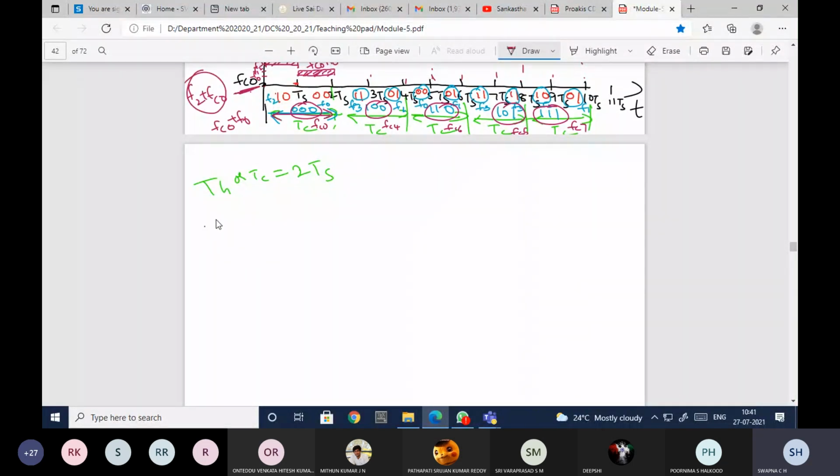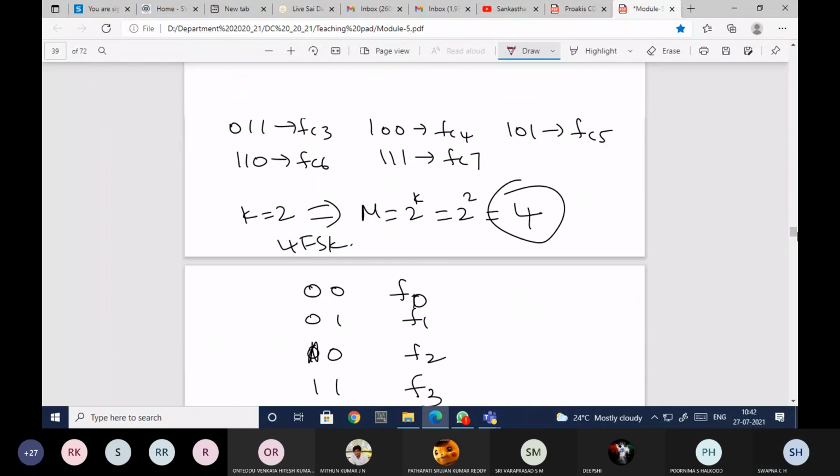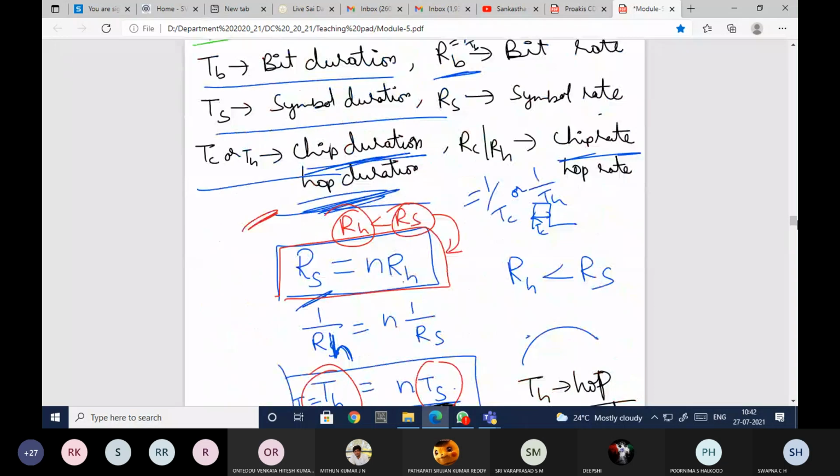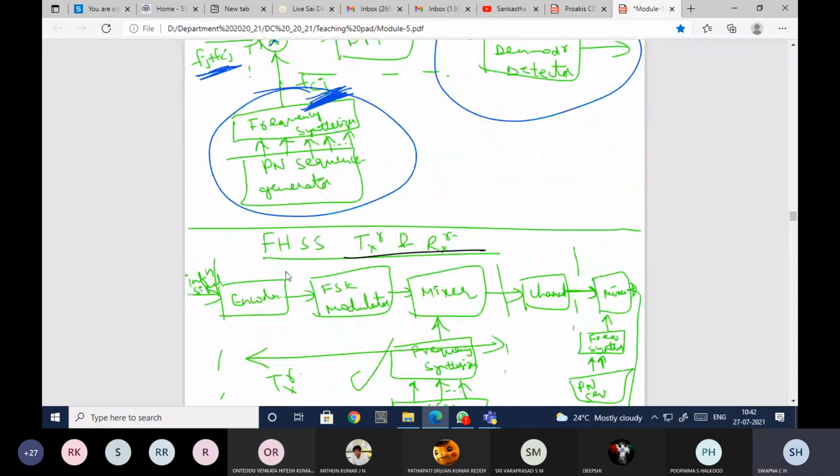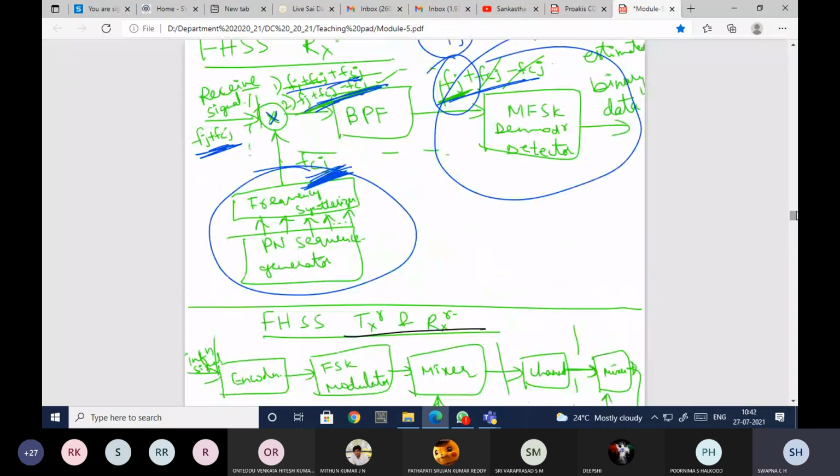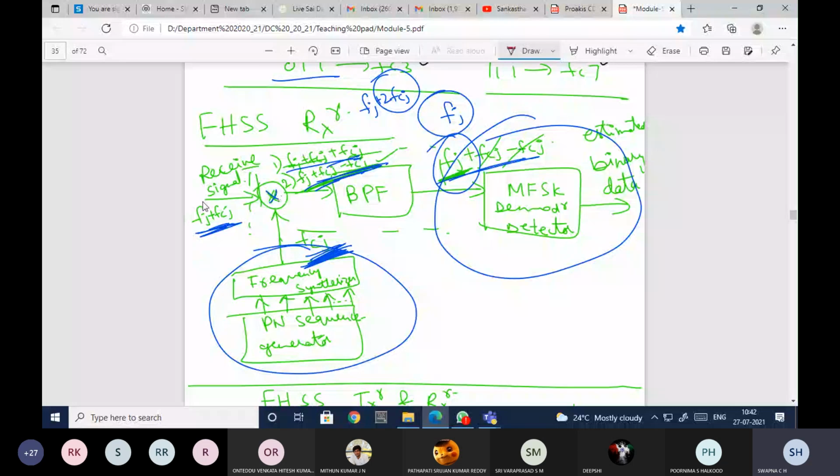Then finally, the last question. Now, this is what is transmitted. Now at the receiver, what will it do? You take the receiver block diagram. The received signal FJ plus FCJ will be given to the multiplier, and here we are using the same PN sequence generator with the same segment.